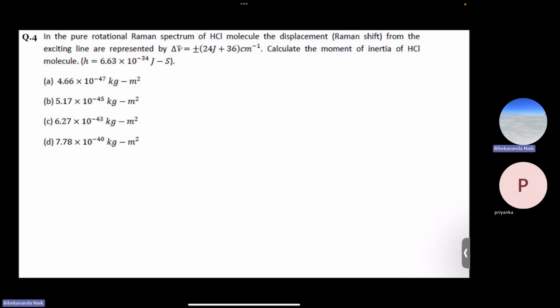Now, if you talk about the pure rotational Raman spectrum, the selection rule for Raman spectrum is delta J equals plus minus 2. So either there is a transition from 0 to 2 or from 2 to 0.